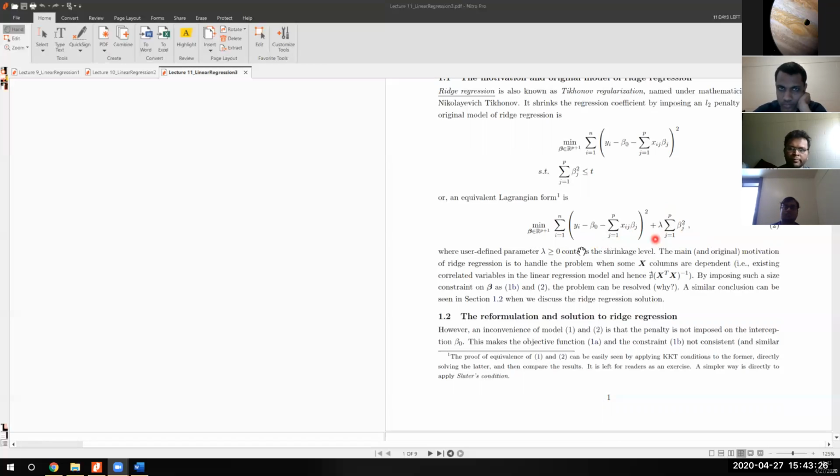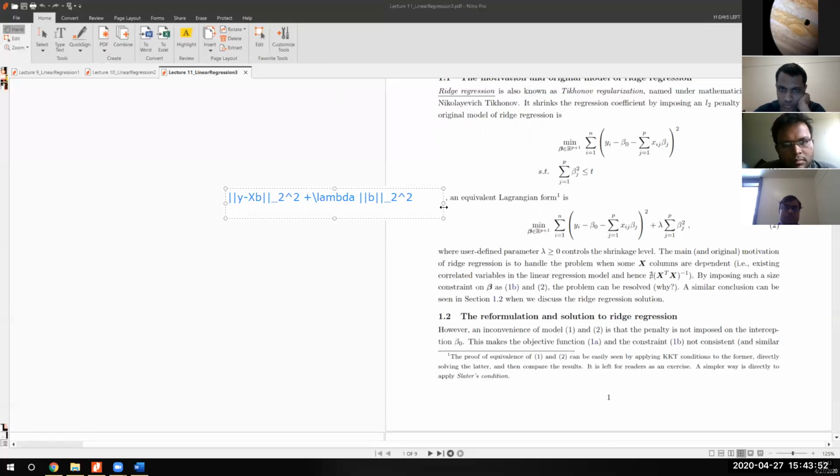Usually we write it in this way: y minus X beta, let me use b, squared 2-norm, right? And for the second part, it looks like lambda times the squared 2-norm of beta.